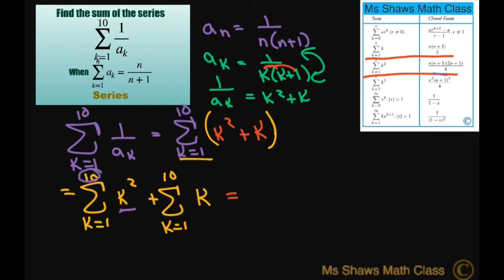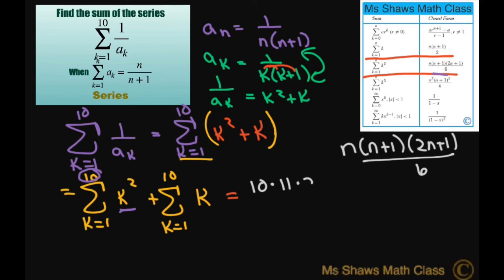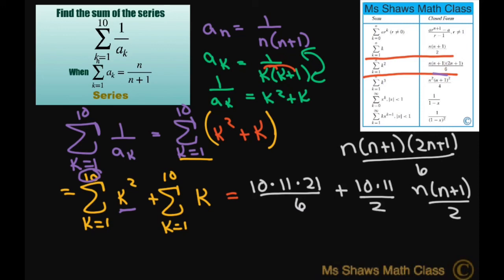So for this one, we're going to start with 10 times, we're using n times n plus 1 times 2n plus 1, all divided by 6. So that's going to be 10 times 11 times 21, all divided by 6, plus, in the second formula, n times n plus 1 divided by 2. So that's going to be 10 times 11 divided by 2.